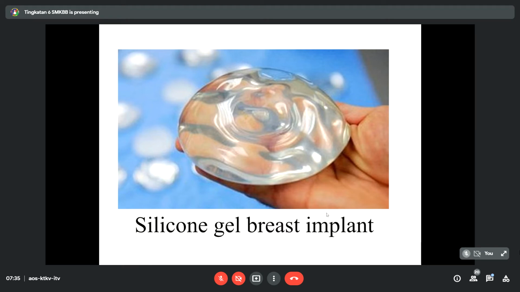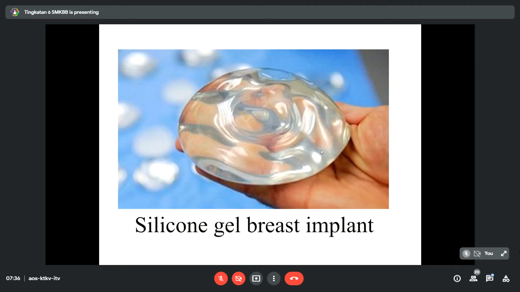Let's say for those who are having breast cancer, and then of course you have to cut the part. Then of course you need to put back something, isn't it? Of course, it may not be put in as silicone gel, but this is one of the methods that can be used.